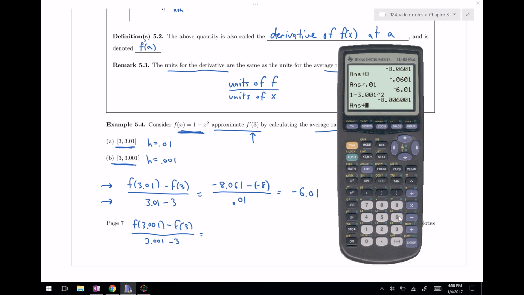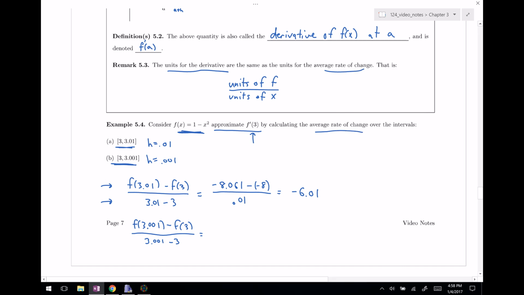So when I add 8 to that, that's going to give me, let's see, negative 0.006001. Let's go ahead and write that down. Negative 0.006001. I don't know why I did that extra decimal point. Negative 0.006001.